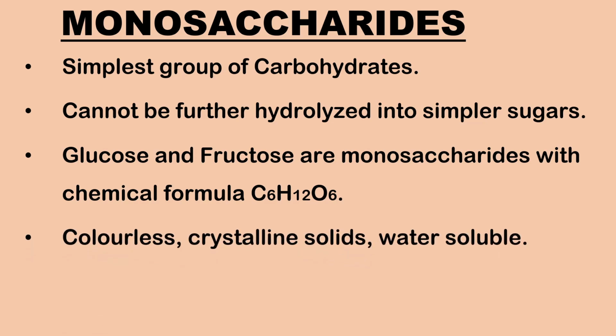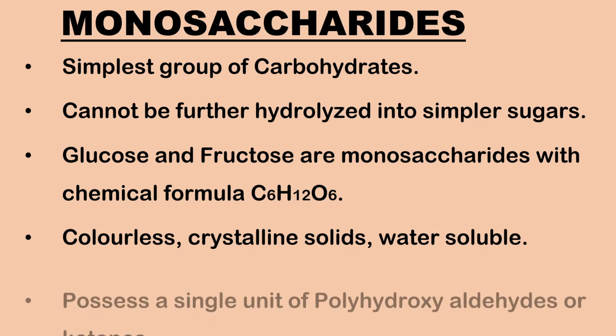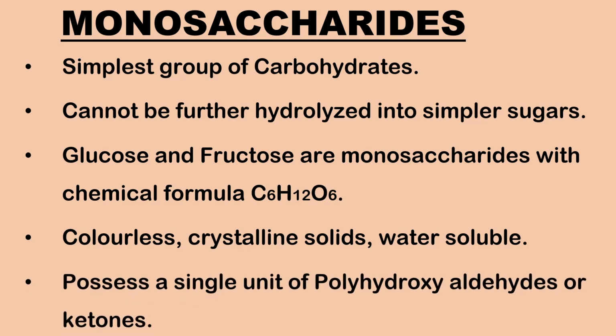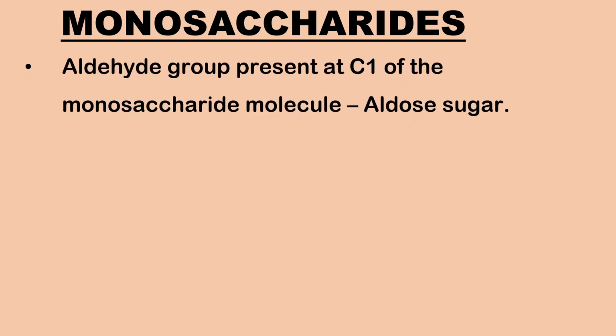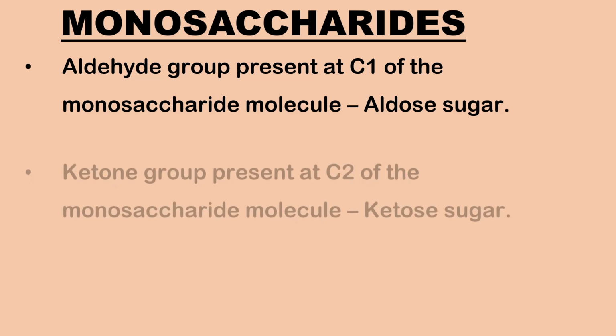They are colorless, crystalline solids soluble in water. They have a single unit of polyhydroxyaldehydes or ketones. Aldehyde group is always present at carbon number 1 of the monosaccharide molecule. Such sugars are known as aldoses or aldose sugars.